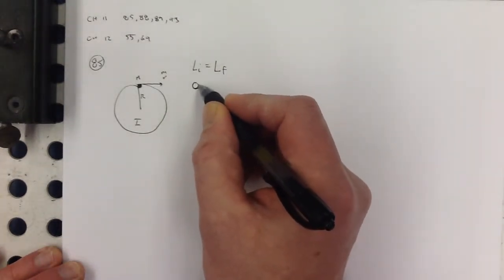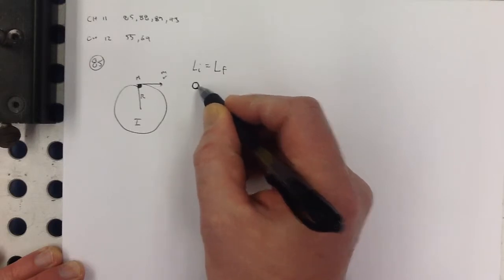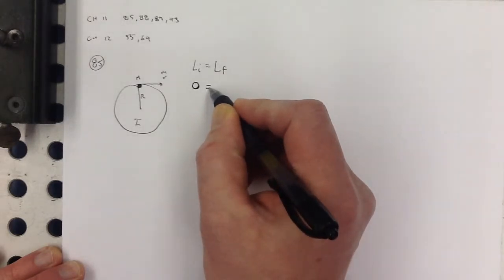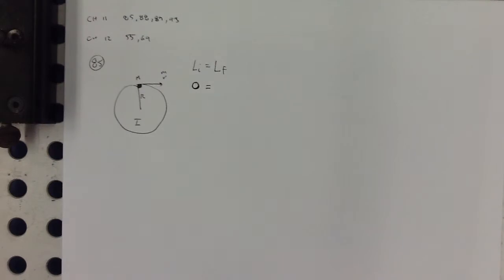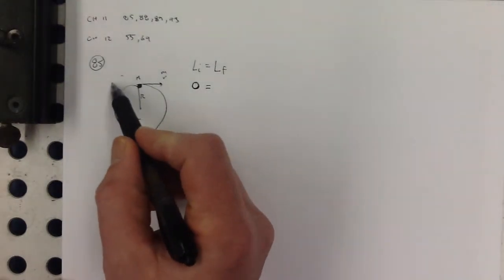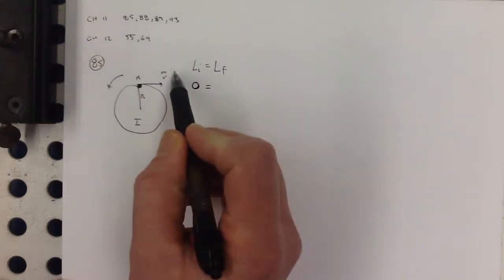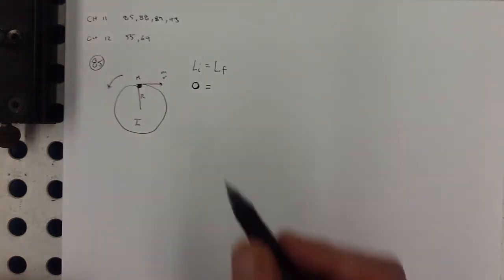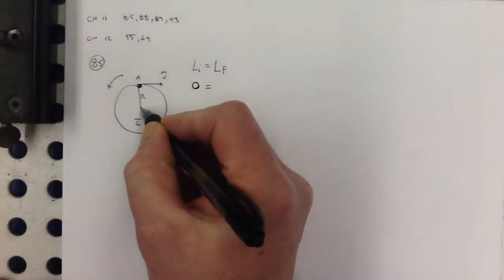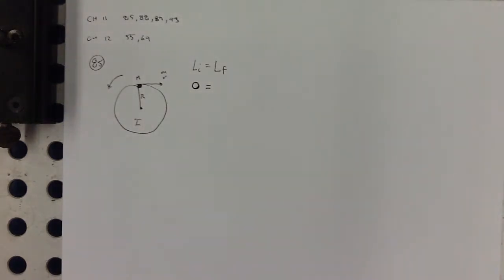Nothing's rotating, nothing's moving. So before we have zero. Afterward, we have two things. We have the rotation this way of the merry-go-round, and then the angular momentum of the rock with respect to this point. And they're going in opposite directions, so one of them would be positive, one of them would be negative, however you want to deal with that.